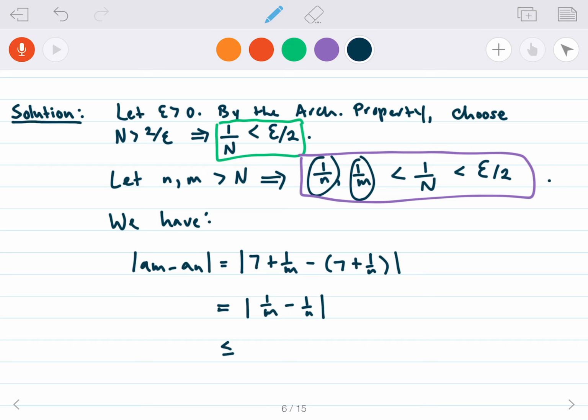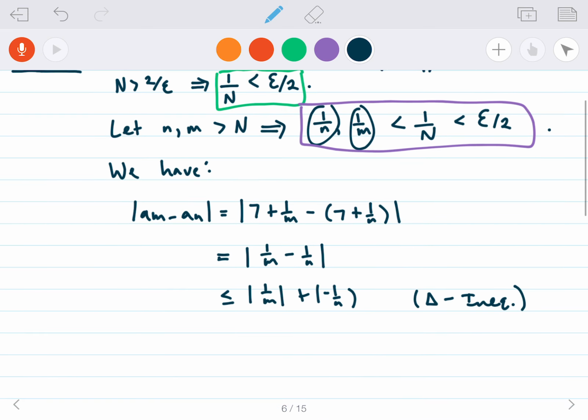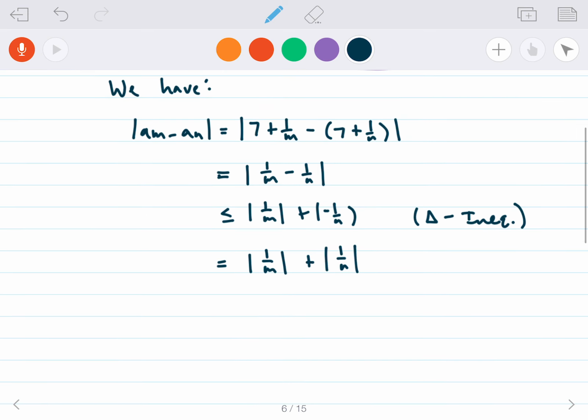This is going to be less than or equal to 1 over m plus negative 1 over n by the triangle inequality. And by our properties of absolute value, this is the same thing as absolute 1 over m plus absolute 1 over n. Just ditch the minus sign.